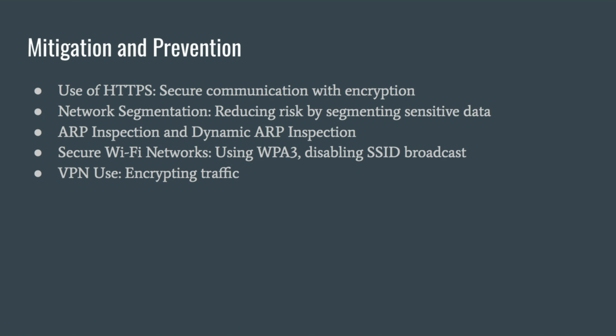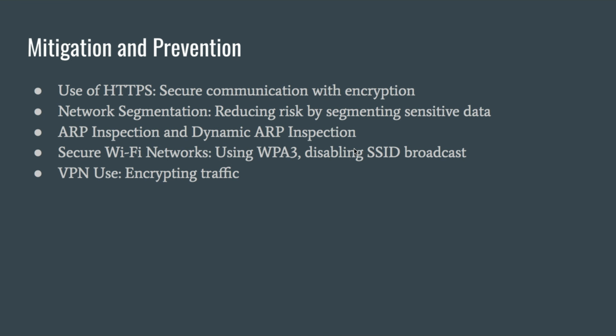Secure Wi-Fi networks using WPA3, disabling SSID broadcast, like for example in the coffee shop, so that hackers will not be able to get in. But actually, as I've said, hackers are creative enough to identify it.